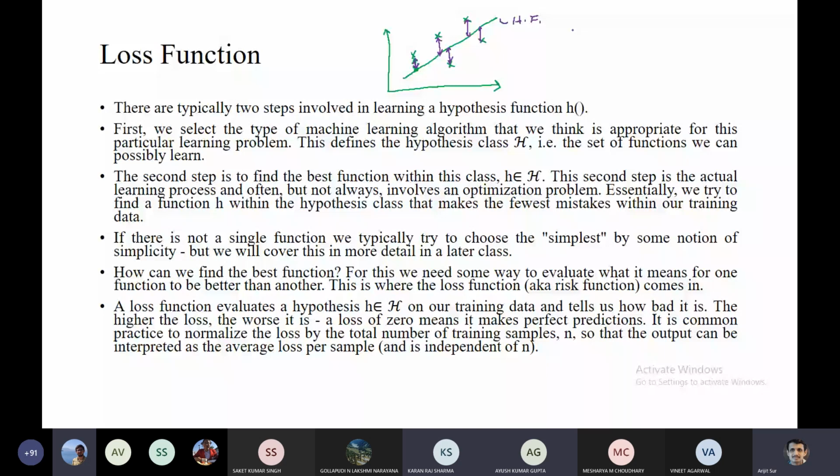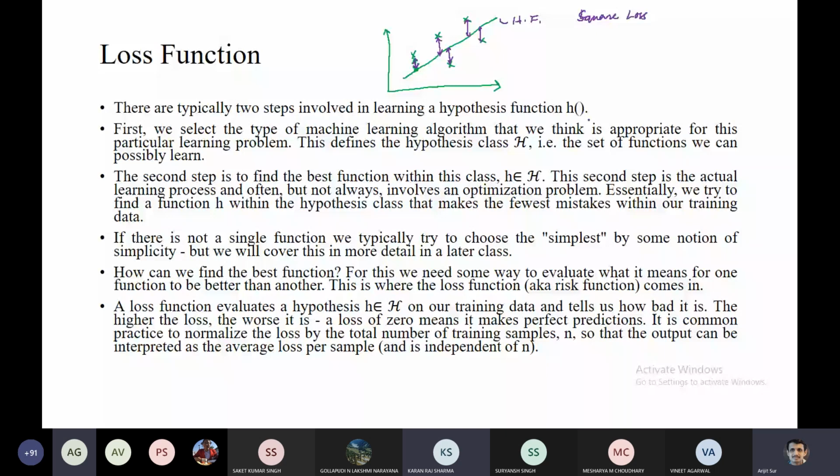In the case of linear regression, we use the least square function, so it's a squared loss. How to measure the squared loss?